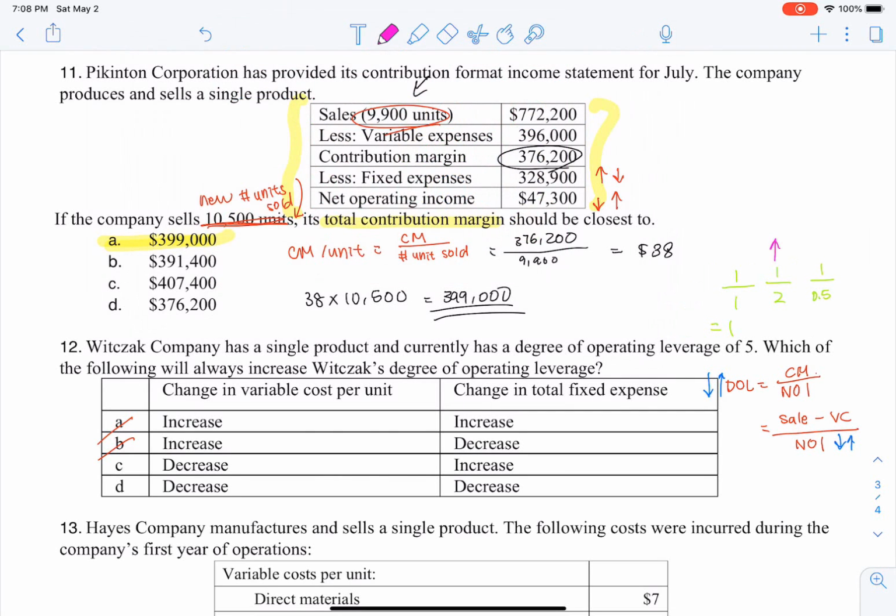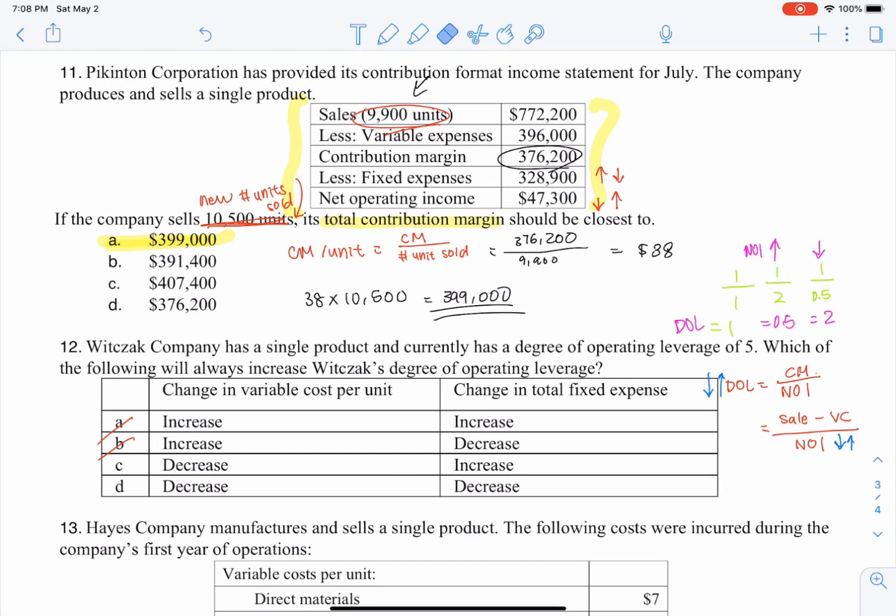This one is increase, and this one's decrease. We can see that if the net operating income increases, we decrease our degree of operating leverage. But if we decrease our net operating income, we increase our degree of operating leverage. So based on that, we know which one is going to increase our degree of leverage.